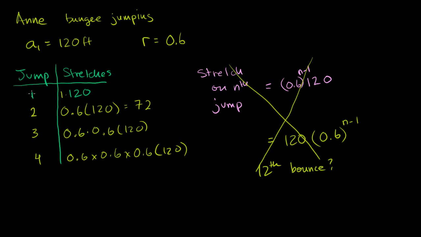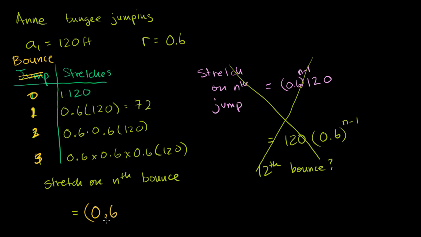So you can view the initial stretch as the 0th bounce. Instead of labeling it jump, let me label it bounce. So the initial stretch is the 0th bounce. Then this would be the first bounce, the second bounce, the third bounce. And then our formula becomes a lot simpler. Because if you said the stretch on the nth bounce, then the formula just becomes 0.6 to the n times 120.